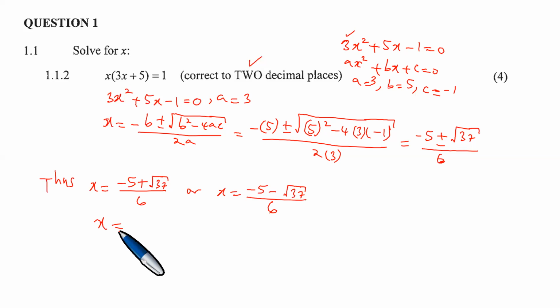What is the answer? 0.18 is the result here. Or if you use a calculator, minus 5 minus the square root of 37 over 6, the calculator will give you precisely minus 1.85. So this has been solved correct to 2 decimal places.